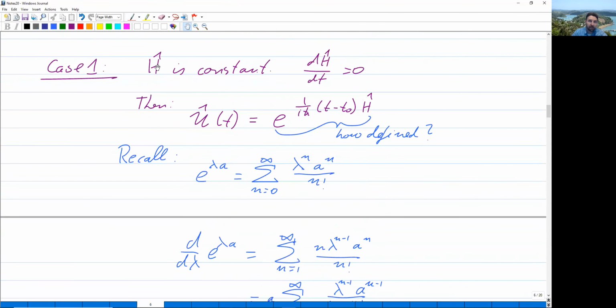where the Hamiltonian is constant, where the Hamiltonian does not explicitly at all depend on time, in that case, the time evolution operator is obtained by this exponential. And we proved it by proving that this exponential obeys the equation of motion and the initial condition.